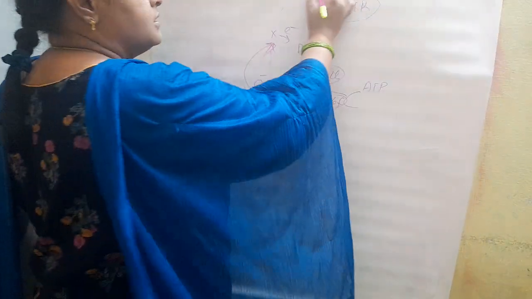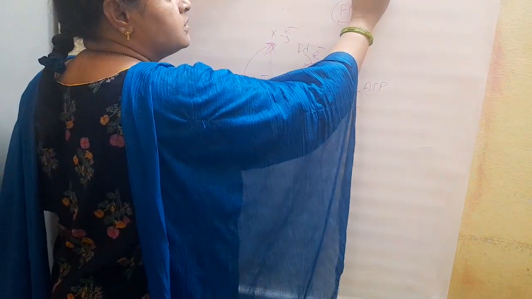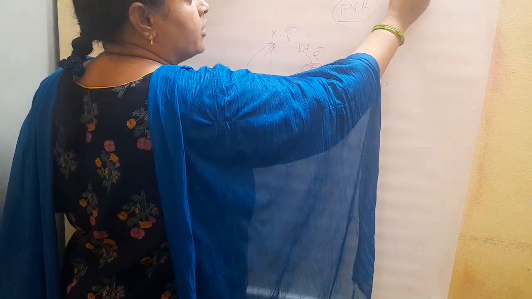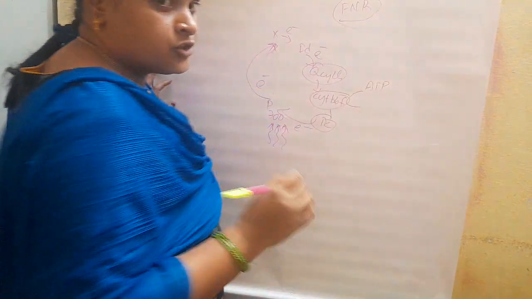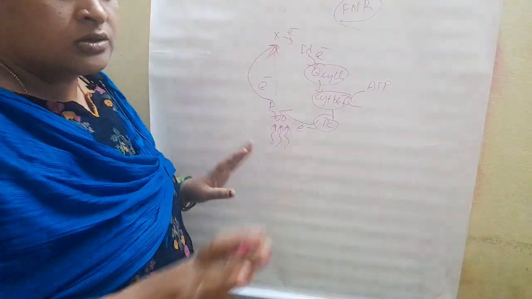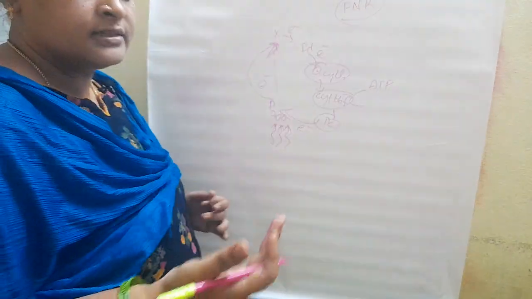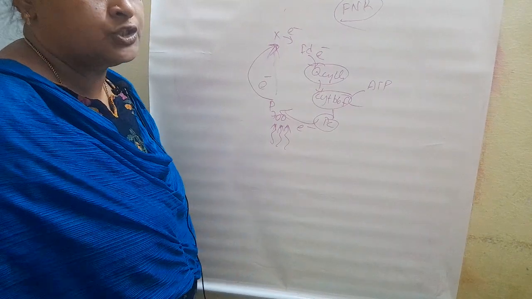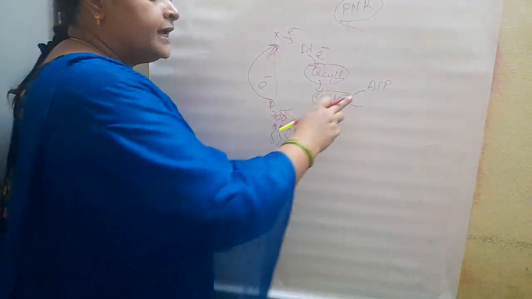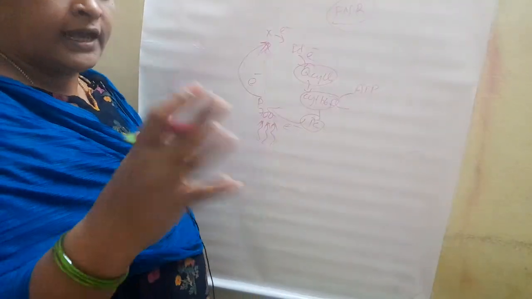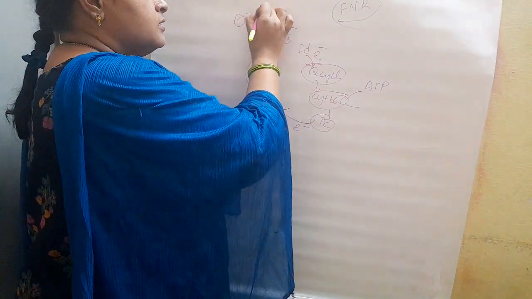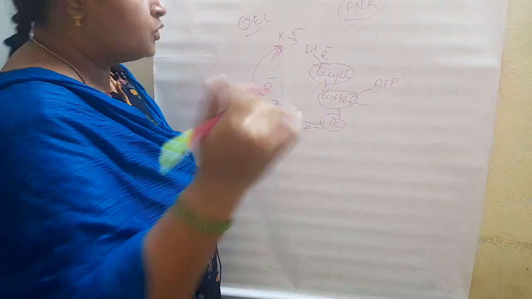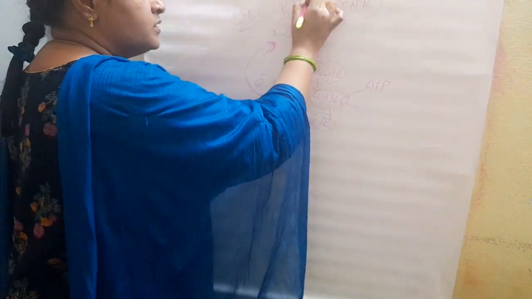Where does it occur? Stroma thylakoids. Right? So in stroma thylakoids there is no such enzyme which can reduce NADP into NADPH2. Okay, so only ATP is generated, not the NADPH2, and there is no OEC and there is no PS2.